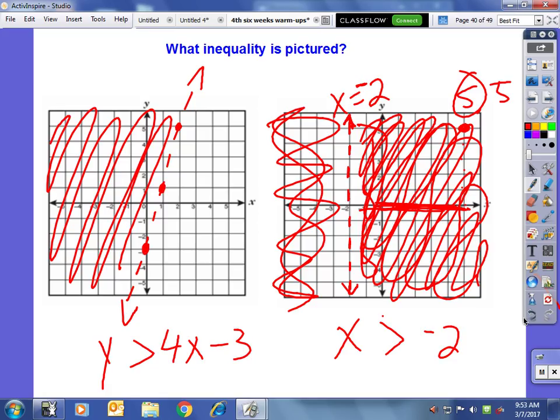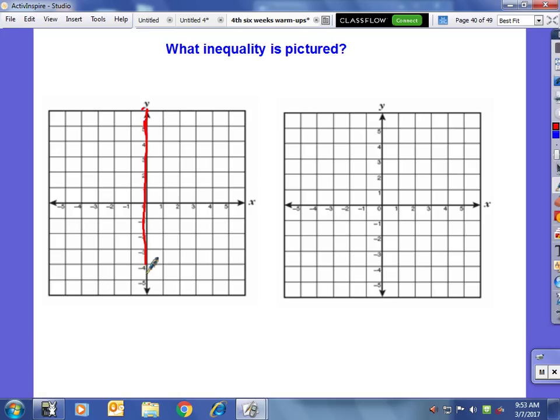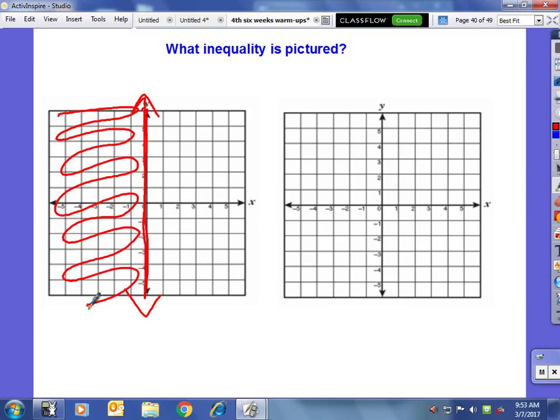Okay, let's do a couple more. What if it's in the middle? What do you mean? Oh, like if I did it on the y-axis? Okay, let's do that. And it's a solid line. Look at this. And I'm going to shade, let's say, to the left this time. What do we say about this one?